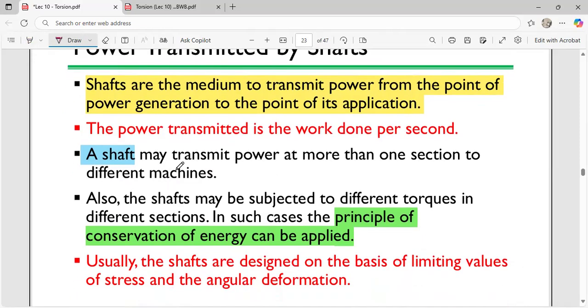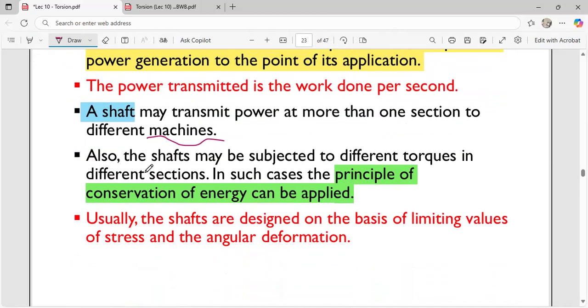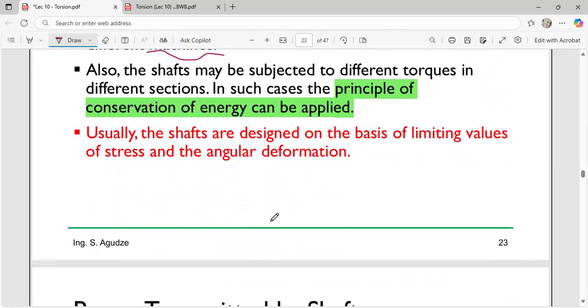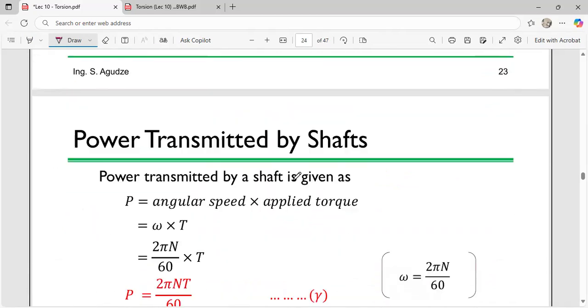A shaft may transmit power at more than one section to different machines. Also, the shaft may be subjected to different torques in different sections. In such cases, the principle of conservation of energy can be applied. Usually, the shafts are designed on the basis of limiting values of stress and the angular deformation.